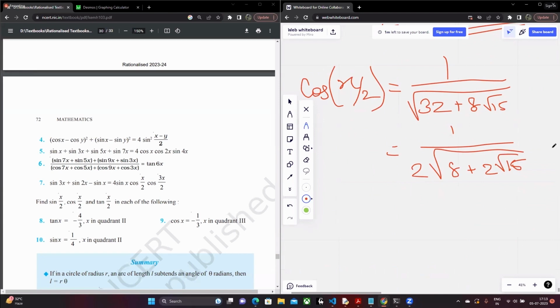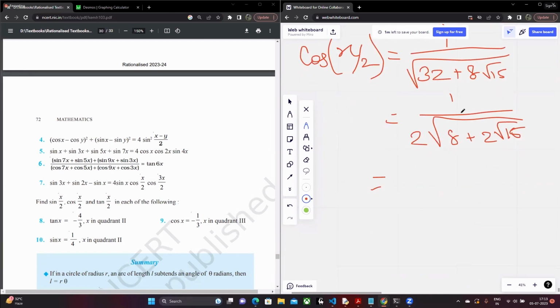So cos of x by 2 is going to be 1 by 2 root of 8 plus 2 root 50, right? If you want to rationalize, because not many people like to leave a root in the denominator, you will multiply this by square root of 8 minus 2 root 15.